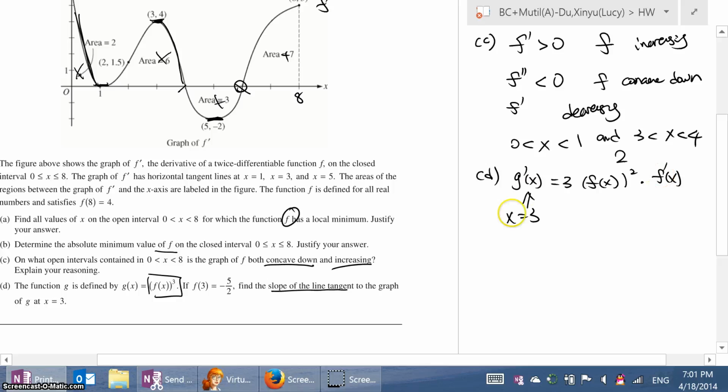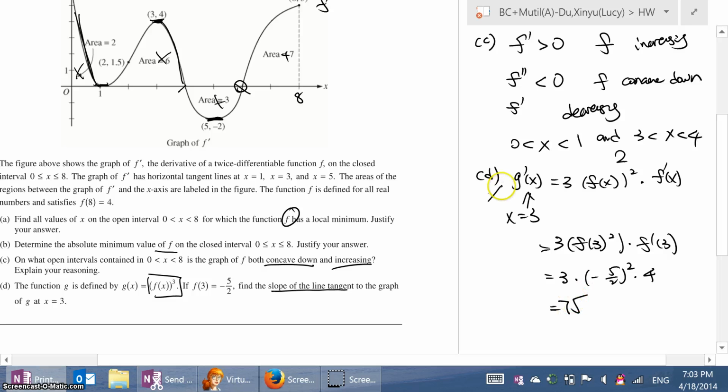So 3 f(3) squared times f prime(3). We were told that f(3) equals -2.5, so -2.5 squared, and based on the graph, we know f prime of 3 equals 4, and the final answer is 75.